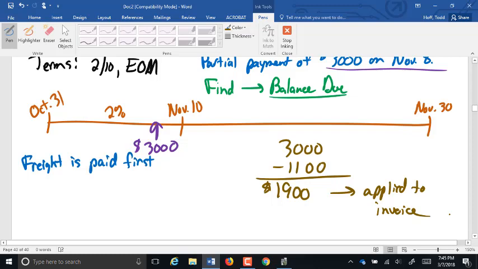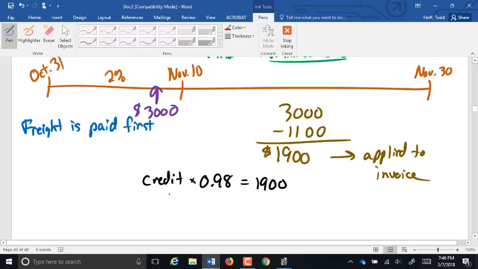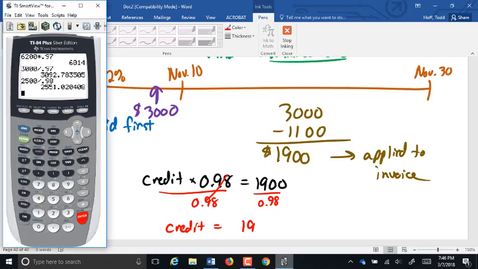So the credit times 0.98, for the 2%, equals that actual payment of $1,900. So the 1,900 now is divided by the 0.98. The credit is $1,939.